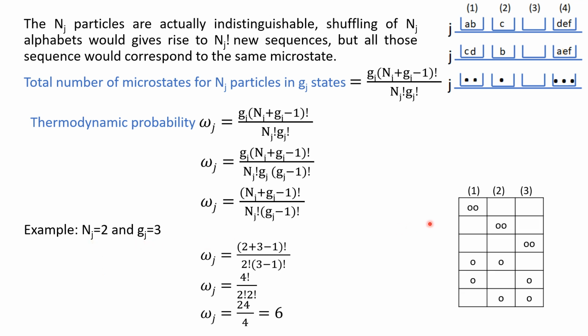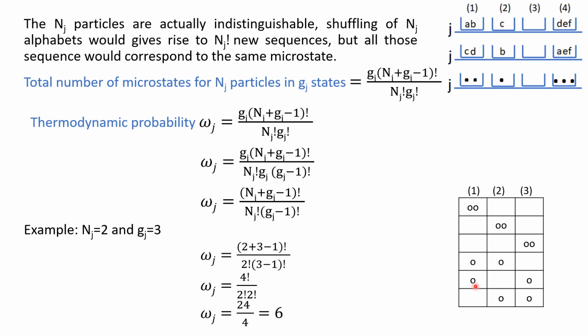That is here. So here we have 3 energy states, 1, 2, and 3, and we have 2 particles. We can put 2 particles in energy state 1. We can put both particles in energy state 2. We can put both particles in energy state 3. However, we can also put one particle in one energy state and one particle in another energy state.